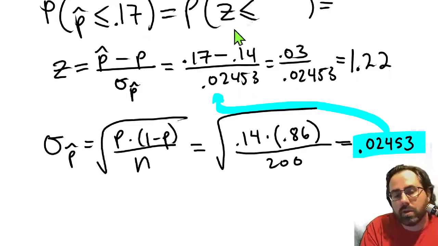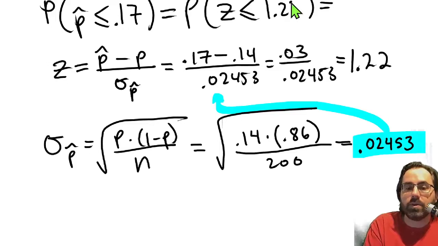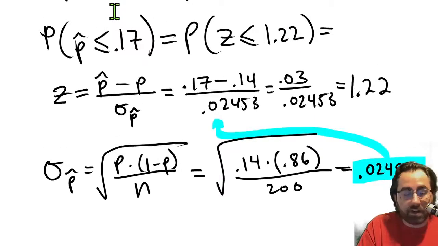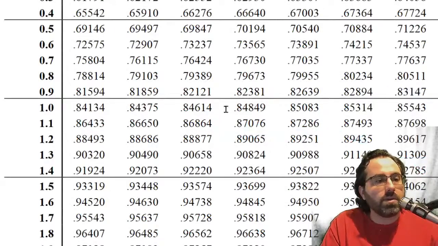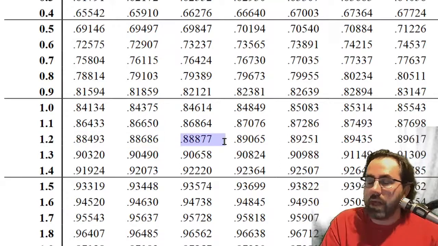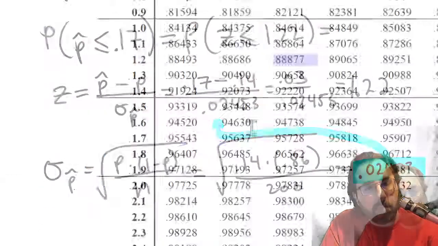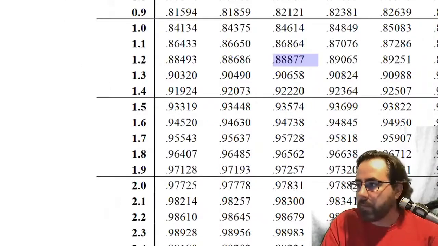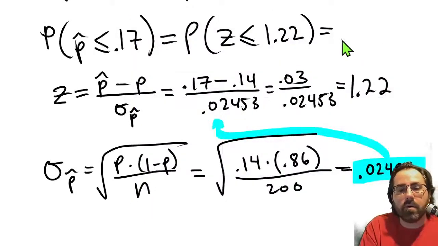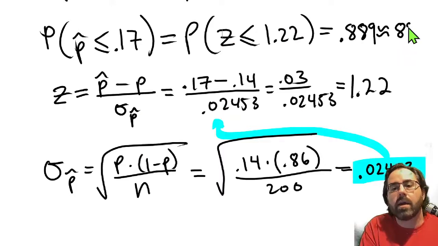Now, let's go look up that z-score. What's the probability of getting a z-score of less than or equal to 1.22? Well, now we just turn to our table and look it up. So 1.22, here's 1.2, 1.20, 1.21, 1.22: 88.8 or 88.9%. So this is 0.889, which is approximately 89%.